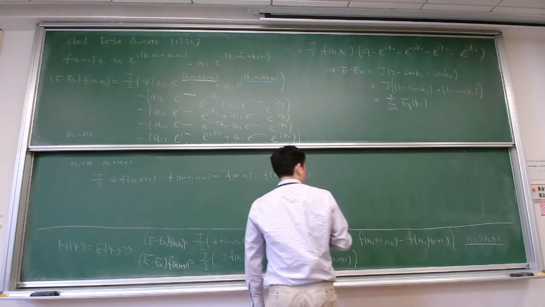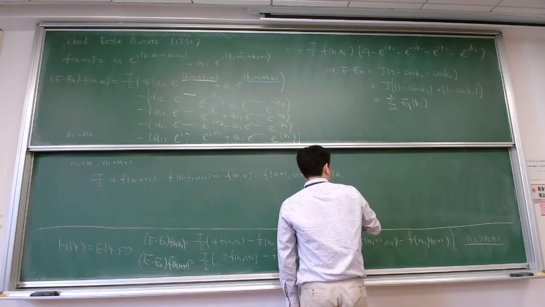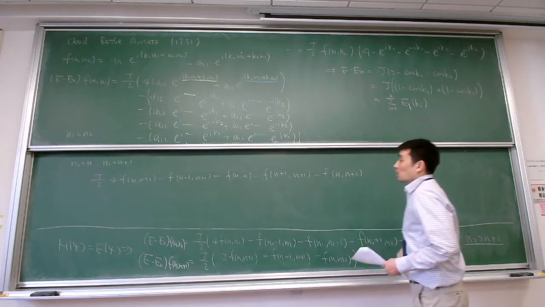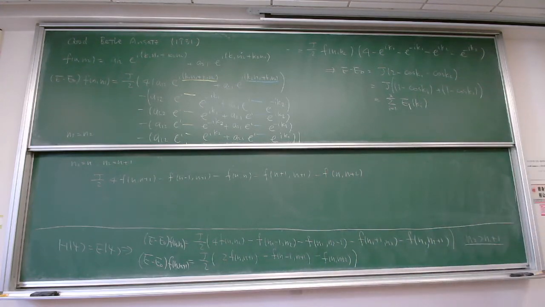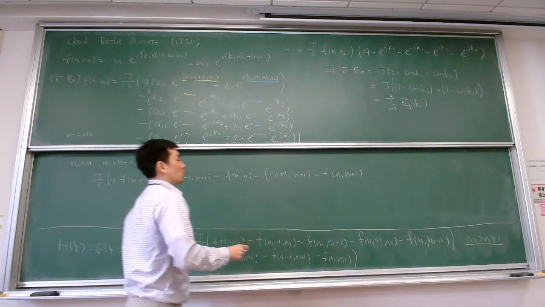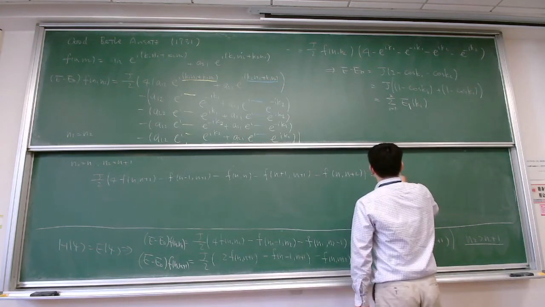Again, you have this term f(n, n+2). Okay, so this is what you get from the first equation, which is equal to (E minus E0) f.